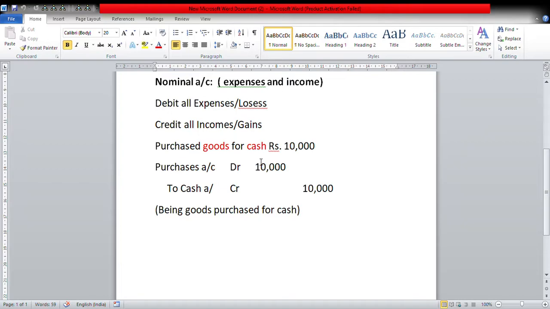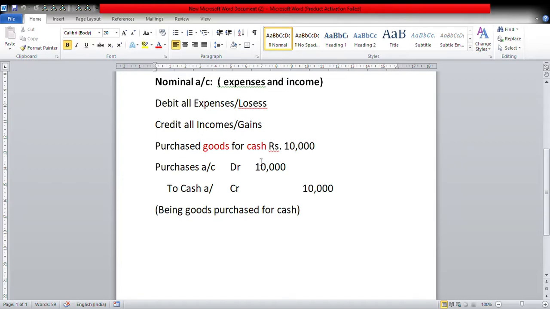We cannot directly debit the goods account in the books, because goods generally arise for purchasing as well as for selling. There cannot be a common account in the name of goods, because there will be difficulty in the future in identifying the total amount of purchases made by the business, as well as the total amount of sales done by the business.